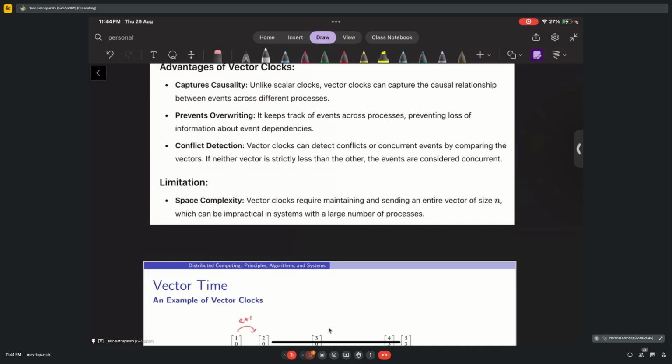Why? Because n processes will be there and many events will be happening in each. You can understand how large the array will be. Maybe 1000 processes are running together, and in each process maybe more than 1 lakh events are happening. So do you understand the space complexity in this situation? This is the major drawback that the vector clock brings.